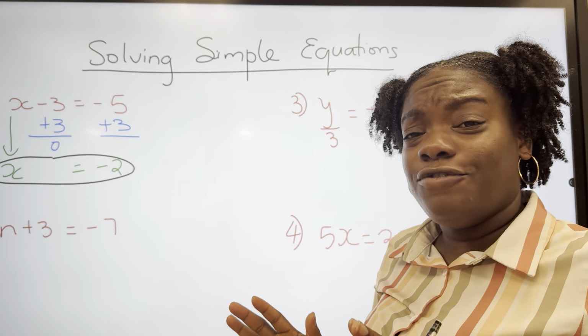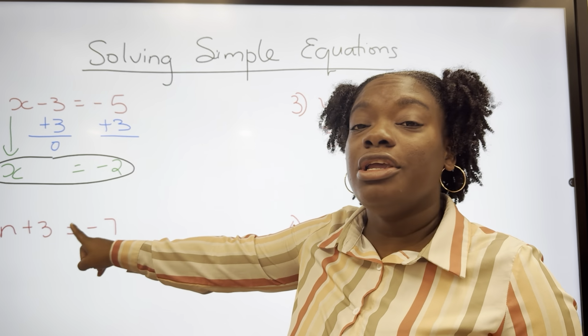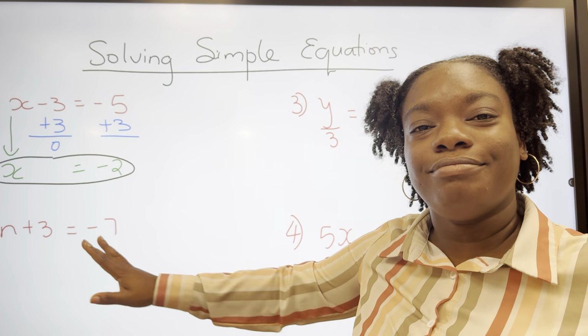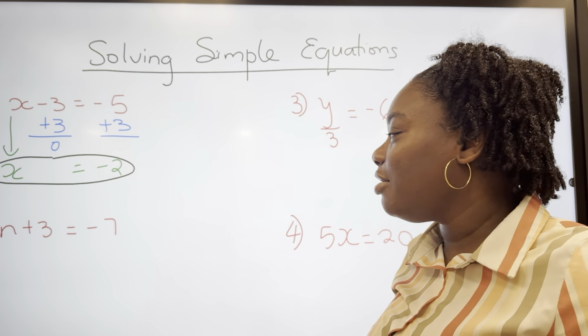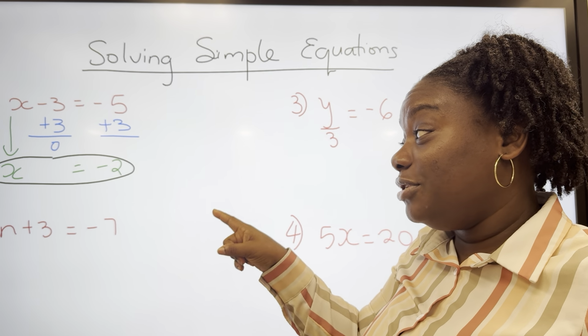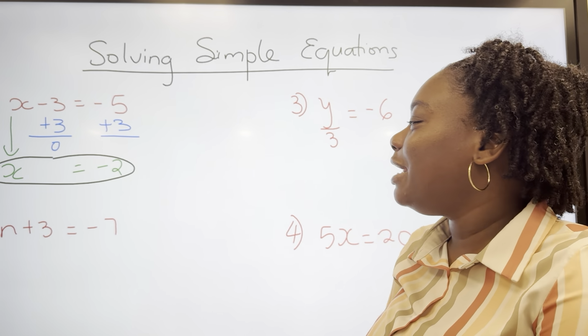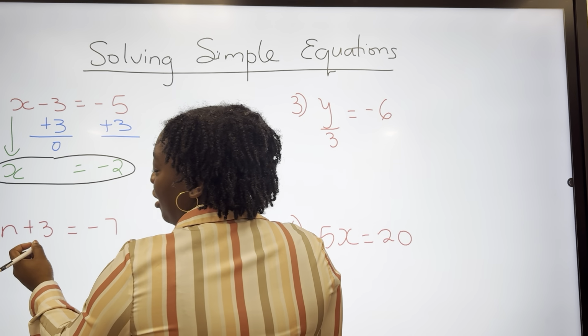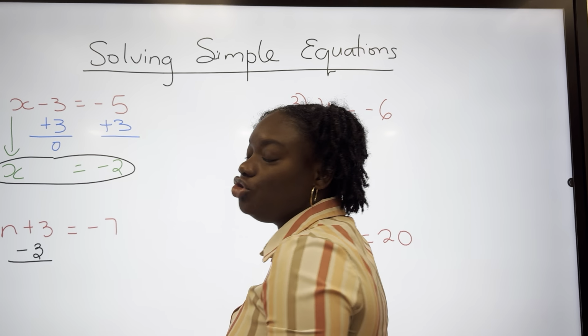All right, so now if you typed 3, you're correct. Now this is a plus 3. How do we get rid of the 3? What operation? Put that in the comment section. Now, if you said subtract 3, then you're very correct. Put some clap symbols in the comment section. All right, so I'm gonna minus or subtract 3.